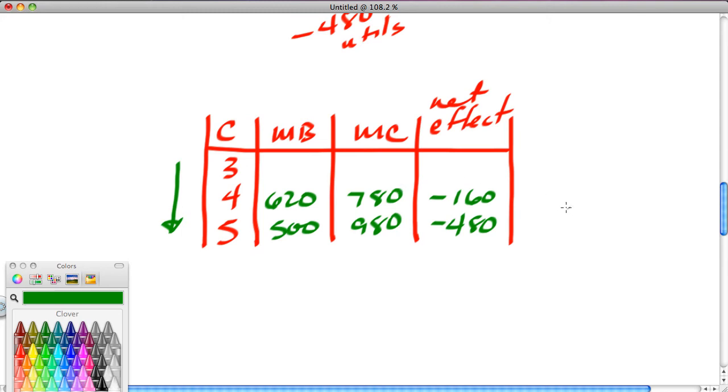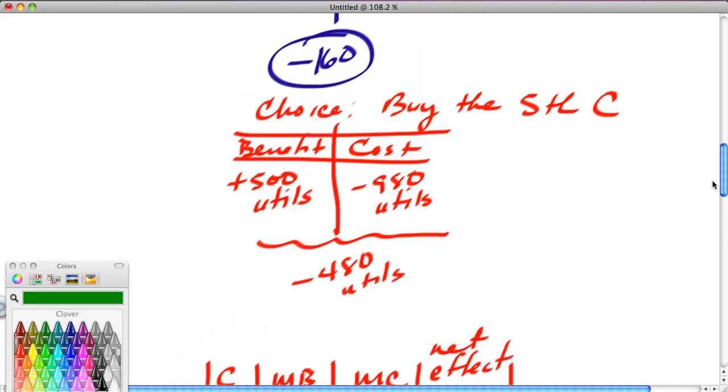Now, what is the marginal benefit of the third coffee? We can look at our marginal utility table, and we can see that that is actually 720. Well, what's the marginal cost? Let's take a look at our little table up here.